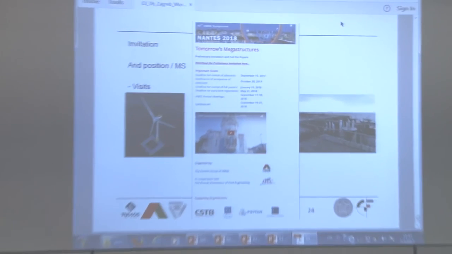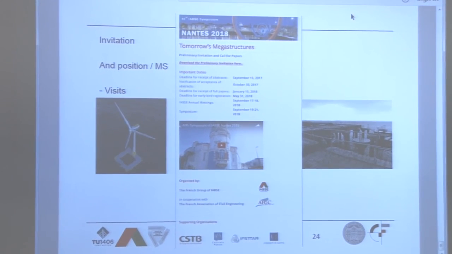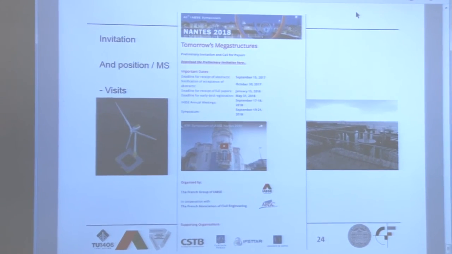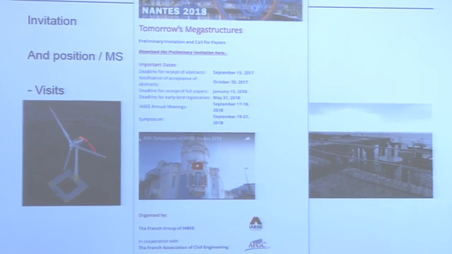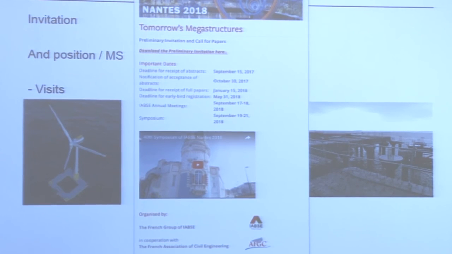So I think that we could suggest a mini symposium for that. There will be, I think, two main visits, a wharf and a floating structure, a floating wind turbine that will be installed near Nantes this year. So it will be a 1 year study.